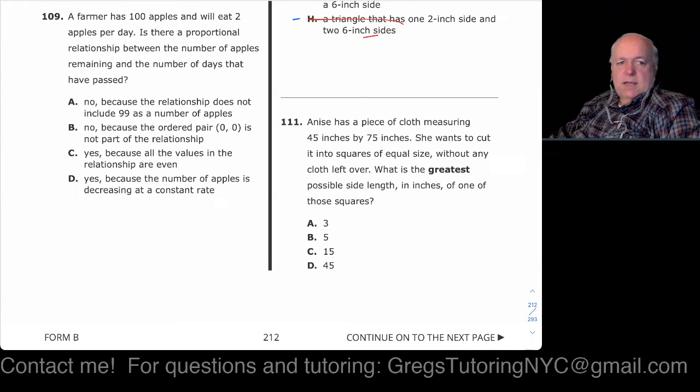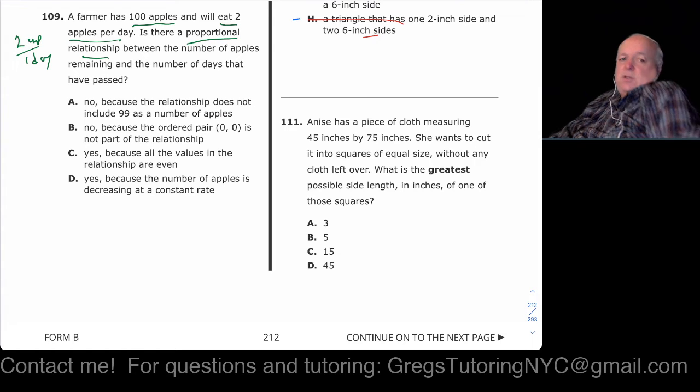A farmer has 100 apples, and he will eat 2 apples per day. So that's a rate, 2 apples per day, right? Is there a proportional relationship between the number of apples remaining and the number of days that have passed? Ooh, that's a good one.